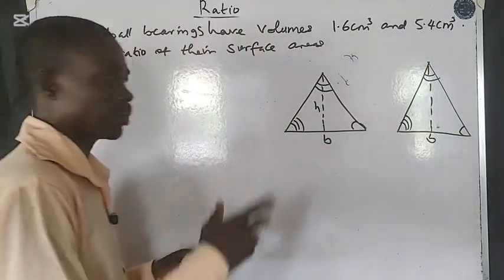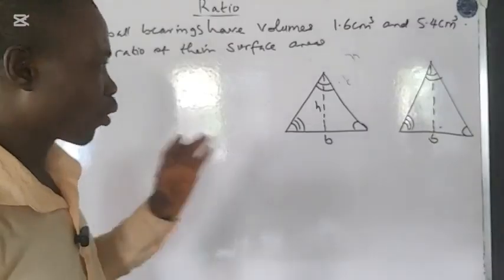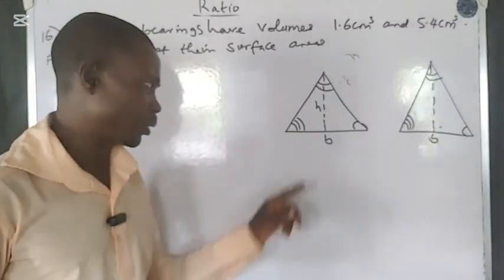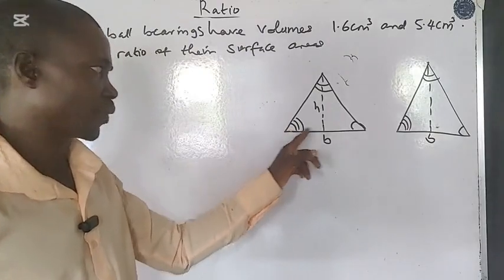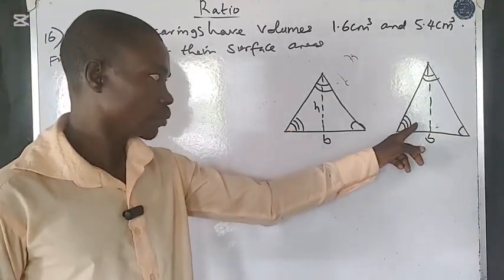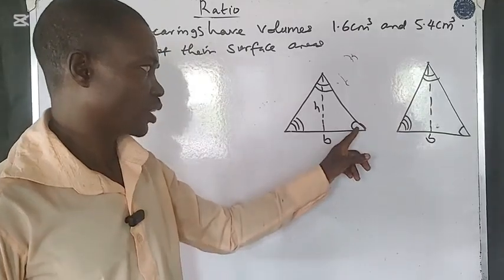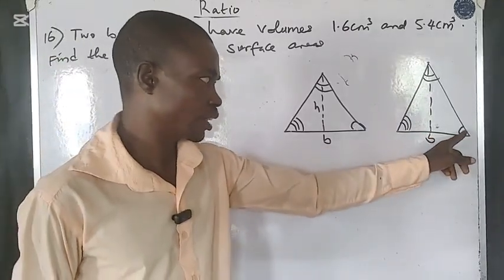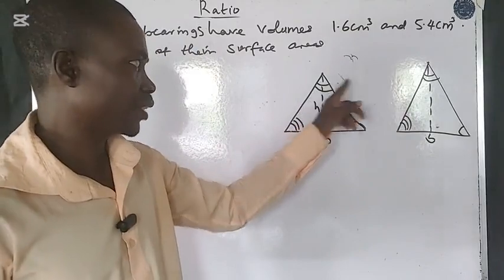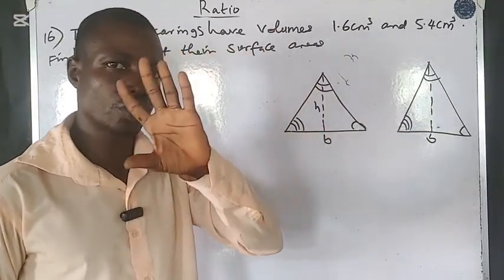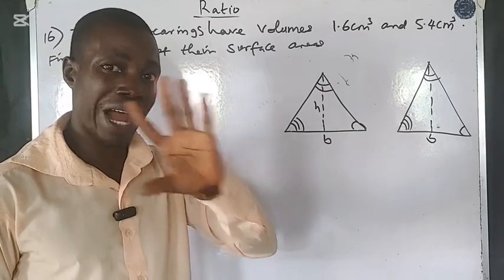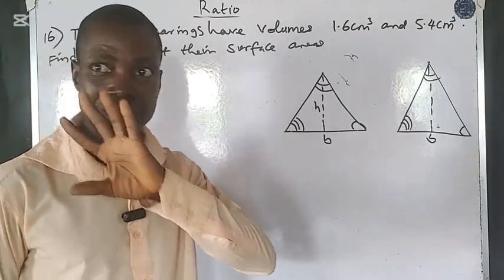If this one is 50, this one will be 50. If this one is 40, this one will be 40. If this one is 80, this one will be 80. Two things you need to know: corresponding angles are equal if they are two similar shapes.